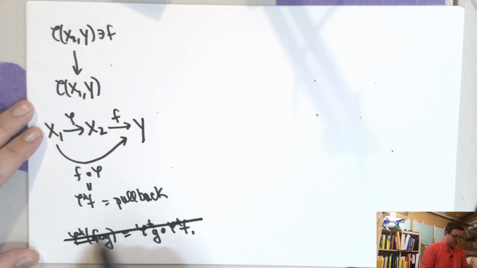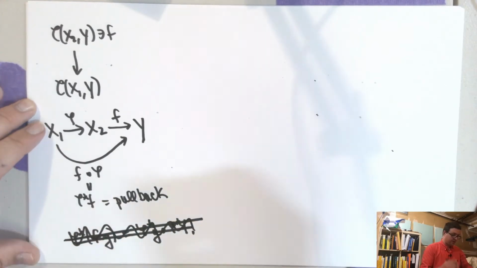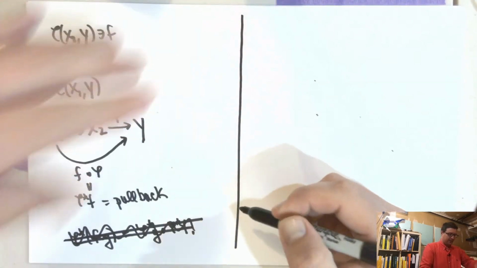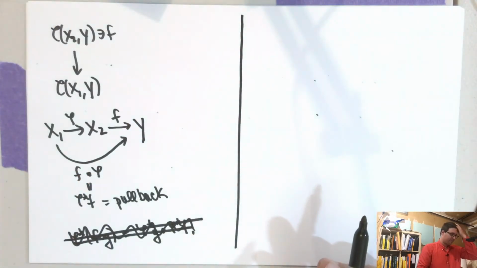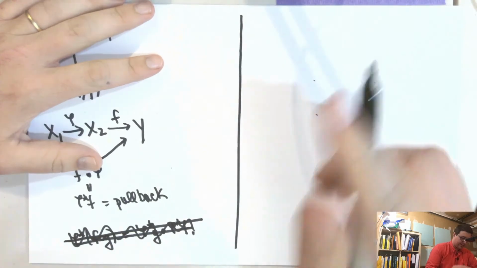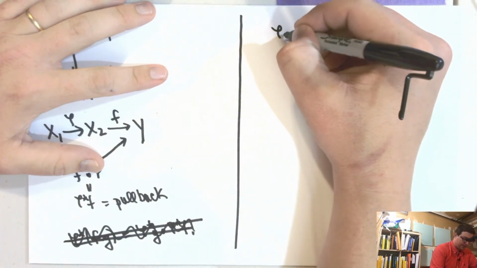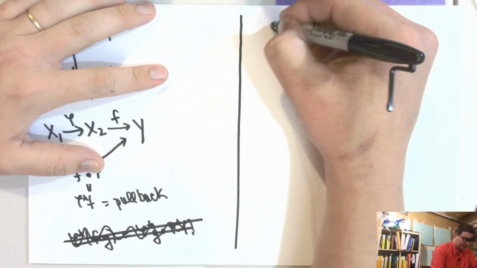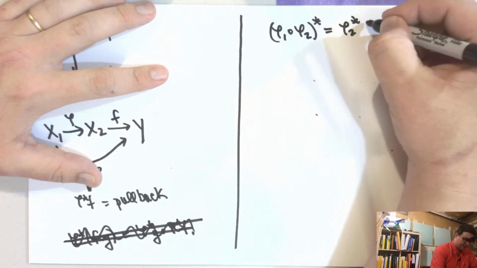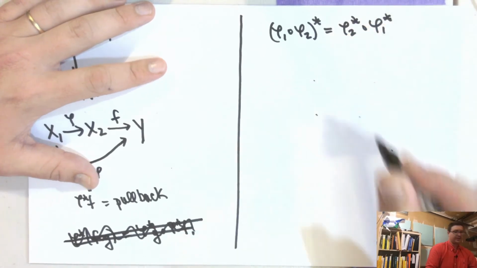Sorry, let's not bother with this right now. The way it goes is that phi 1 composed with phi 2 star is phi 2 star composed with phi 1 star. Right, that's what I wanted to say.